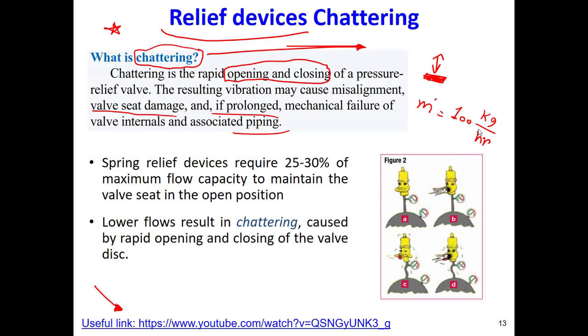Your valve has to be able to allow this much fluid if it's open, maximum 100 kilograms per hour. So usually 25 to 30% of this maximum velocity or maximum capacity is needed to keep the valve open.